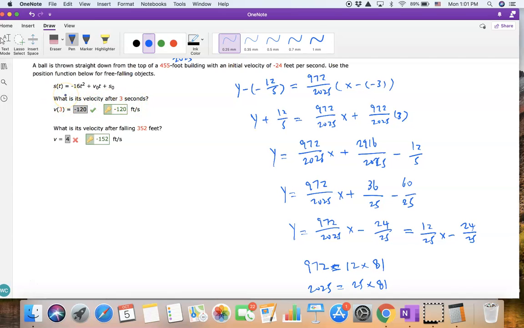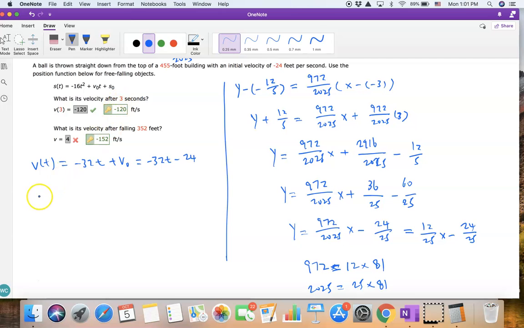To find the velocity, we first take the derivative of the position function. We have v(t) equals negative 32t plus v0. Here v0 is the initial velocity, and s(0) is the initial height. Because it's a constant, when we take the derivative, it's 0. So the velocity function is negative 32t minus 24.